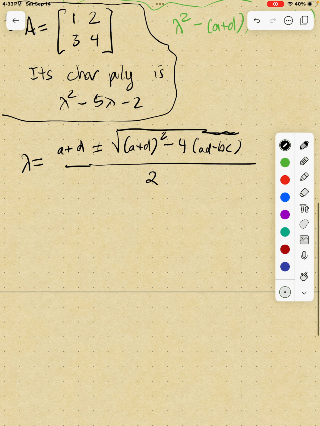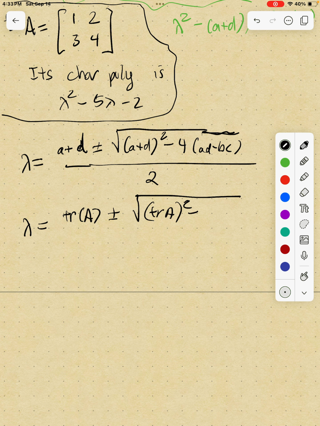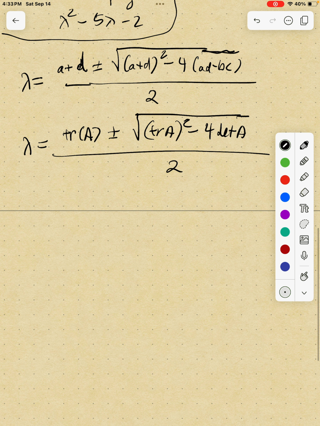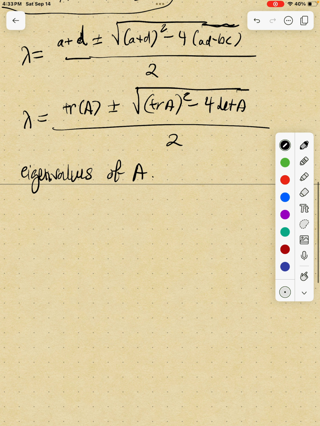And so these are the eigenvalues, right? And we can actually express this in terms of the trace and the determinant. It's the trace of A plus or minus the square root of the trace of A squared minus 4 times the determinant of A, all over 2. And so these are the eigenvalues of A. Now what happens when you add the two eigenvalues together?